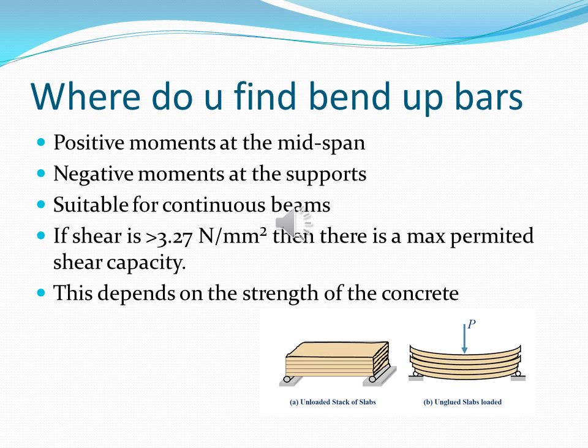The angle of the concrete strut should be calculated to determine where the shear reinforcement is required. When the shear stress is greater than 3.27 Newton per millimeter squared, then there is a maximum permitted shear capacity, which depends on the concrete strength.